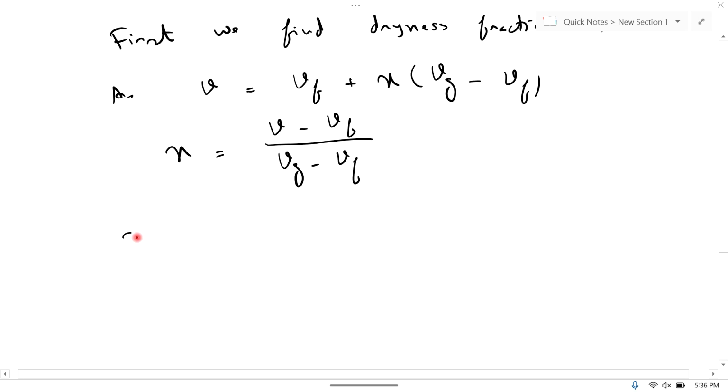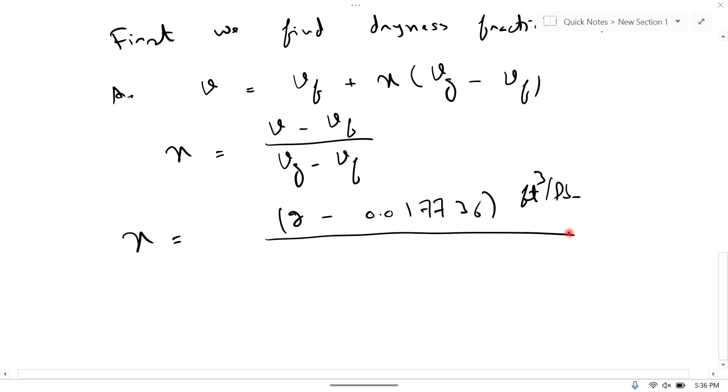Putting values, v is given to us as 2 minus Vf from the table, 0.017736 cubic feet per pound mass, divided by Vg, 4.4324, minus 0.017736 cubic feet per pound mass.